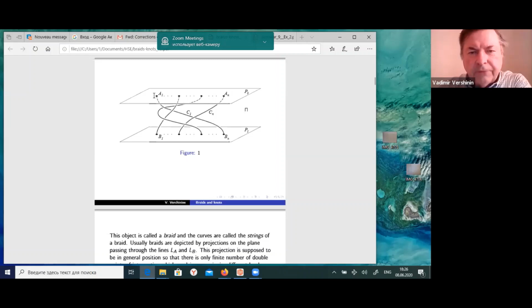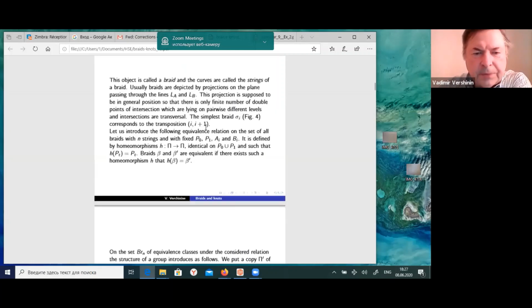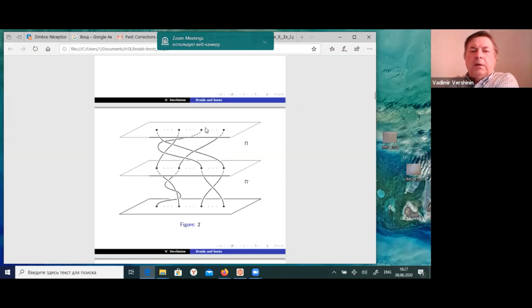If you have a permutation of n numbers or letters in the lower, it means that there is a map. This is how the composition law is defined.